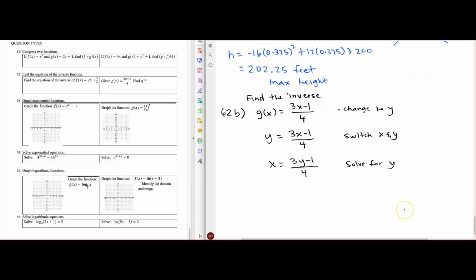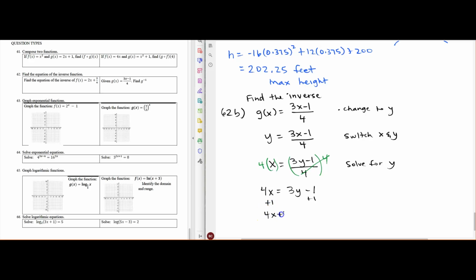So to get y by itself, we've got a denominator here, so we're dividing all of that by 4. If I multiply both sides by 4, I'll be able to get rid of that denominator. So I'll have 4x equals 3y minus 1. And then if I'm solving for y, let's add the 1 over.